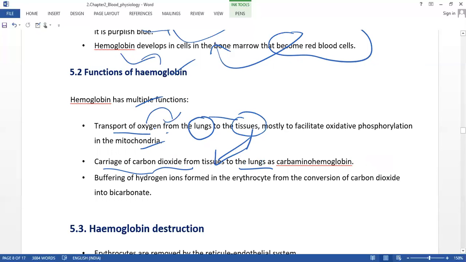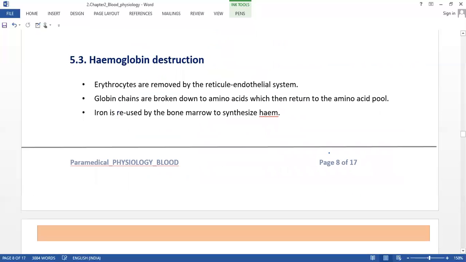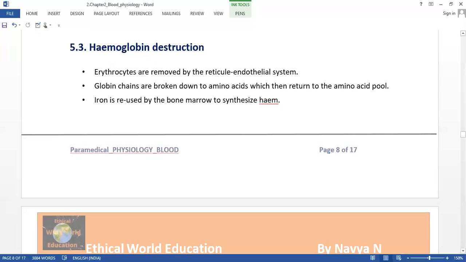And the buffering of the hydrogen ions that are formed in the tissues from the conversion of the carbon dioxide into bicarbonate. And the destruction, let us know the destruction.